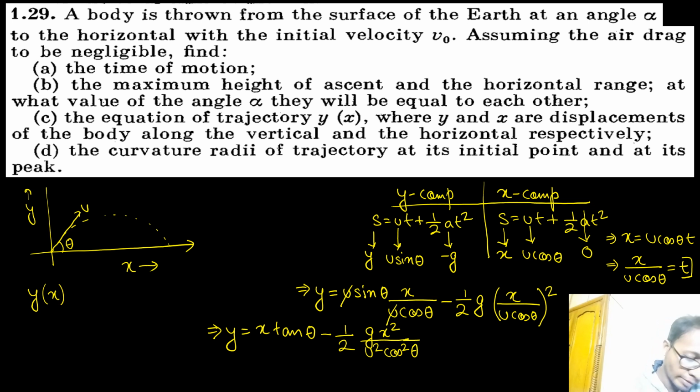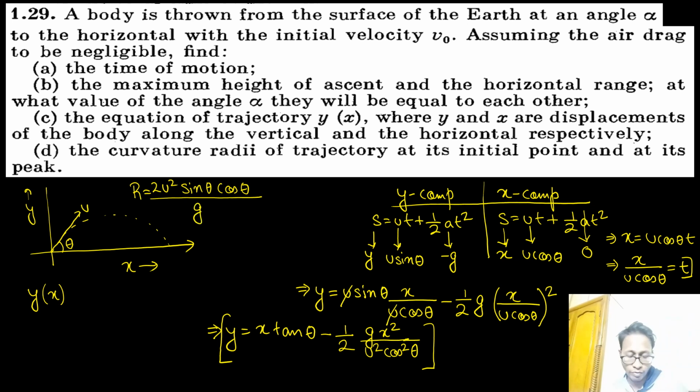Okay, this is the equation of a projectile, or y in terms of x. See, there is one more interesting way of writing the equation of projectile. Remember, what was the formula for range? Range is equal to u square sine 2 theta, or 2 sine theta cos theta, by g.